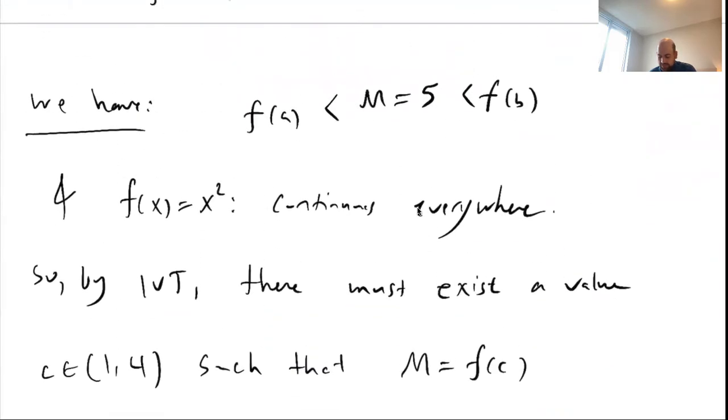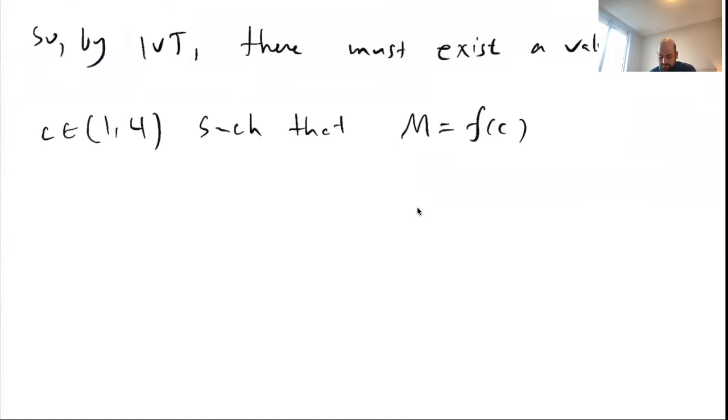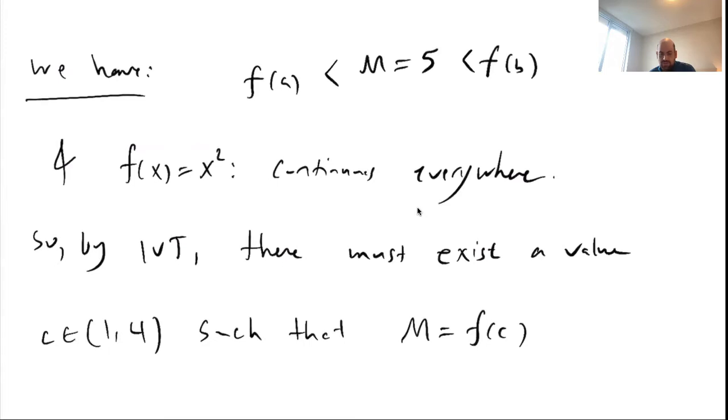So here, what is the c value? Now m is equal to 5, which is equal to x squared. So that means x is equal to plus minus root 5. But our c value must be between 1 to 4, as we said here.